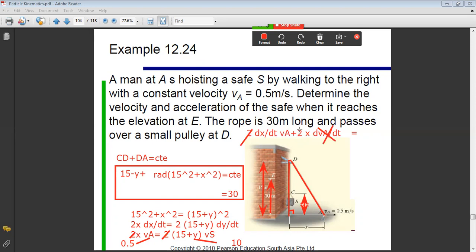Here I will have to derive the product of two functions, (15 plus y) times the velocity of S. First I derive the first part.